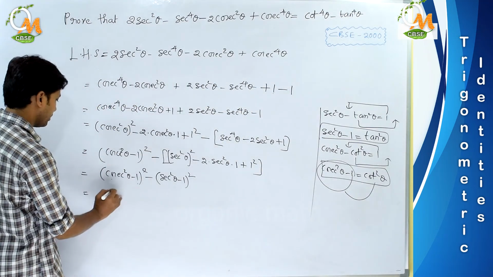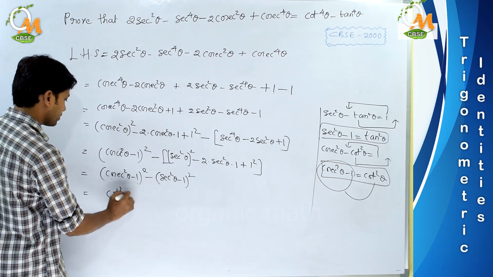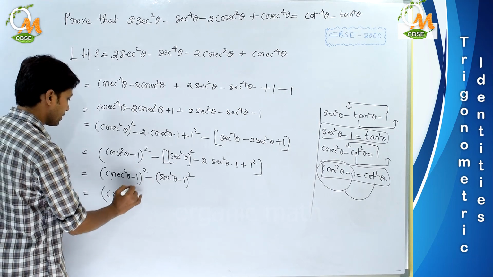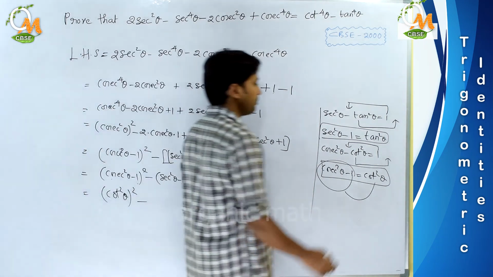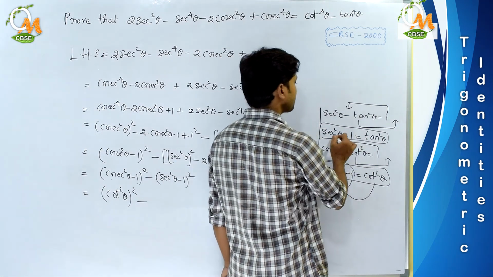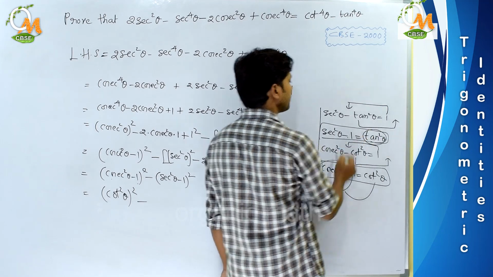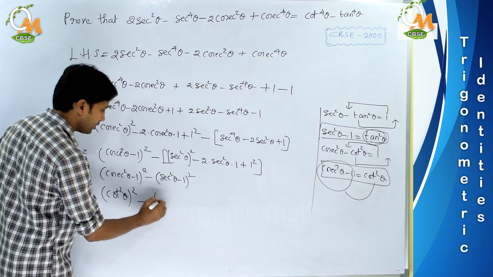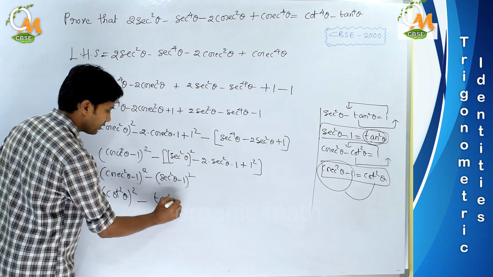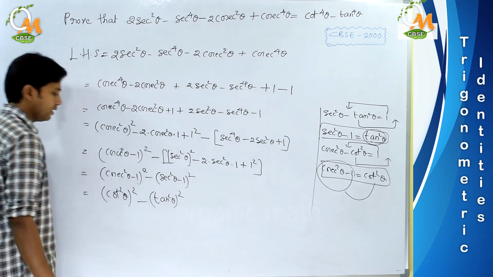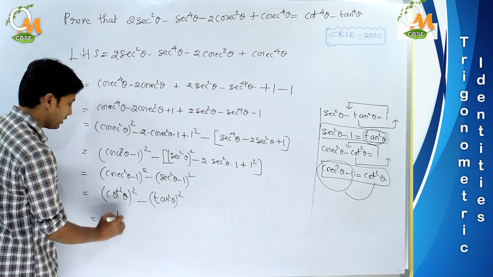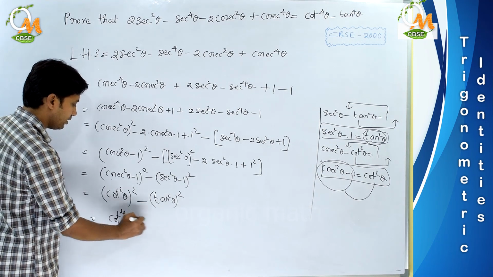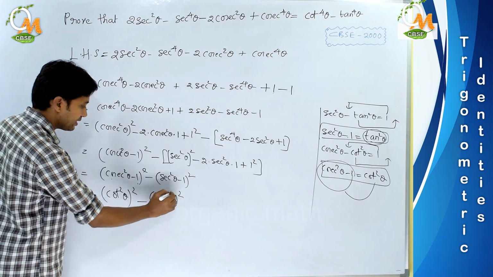So do it: cot square theta whole square minus, secant square theta minus 1 replaced by tan square theta, tan square theta whole square. Now cot square theta whole square will be cot power 4 theta, minus tan power 4 theta.